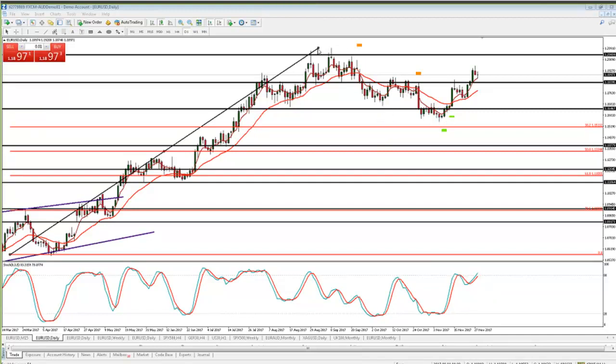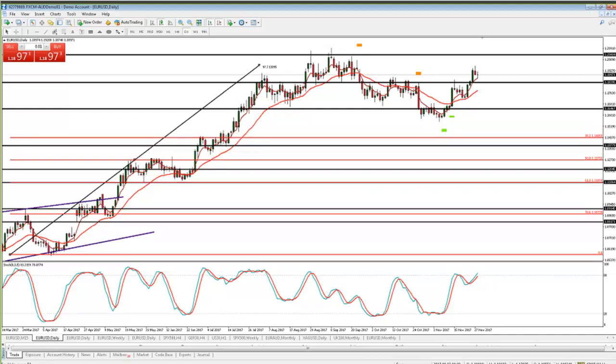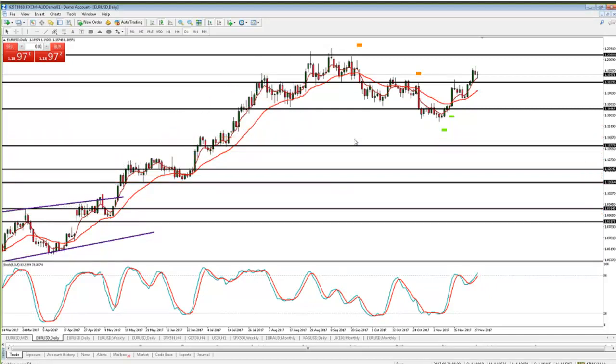All right, now the weekly is saying to us, let me get rid of the stochastic here, that here's our support, that we're likely to step up a little bit and then prospectively push back down towards this 15 area, which remember, was the 382 of the entire rise up.